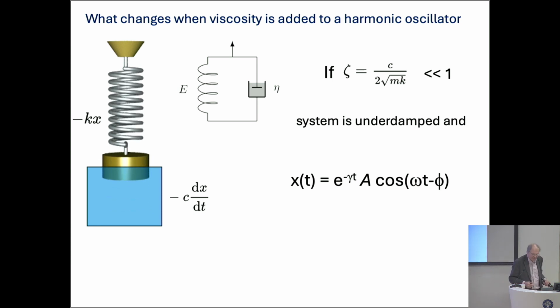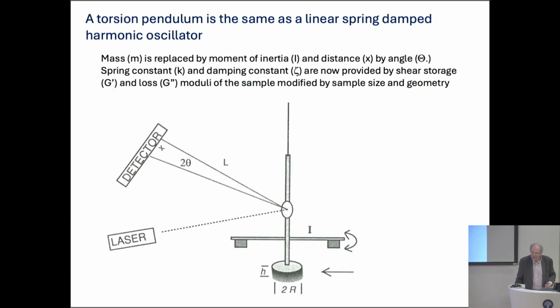All right, now we're going to try this in a slightly variant way. Instead of a weight bouncing, we're going to make a little crossbar pendulum and put something in the middle.